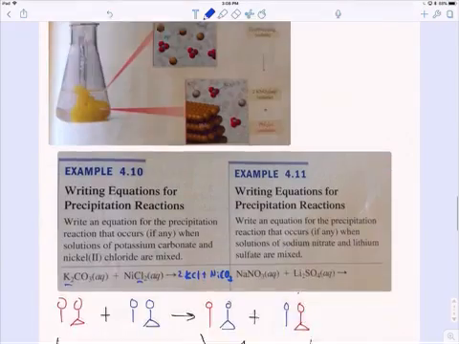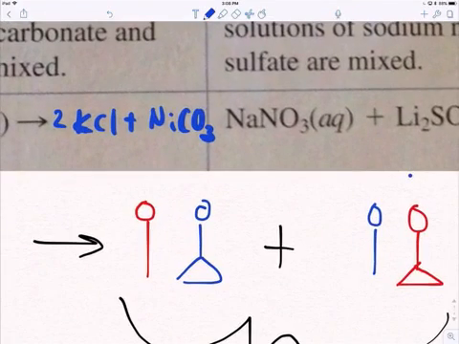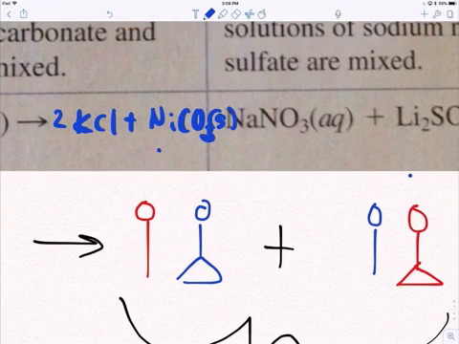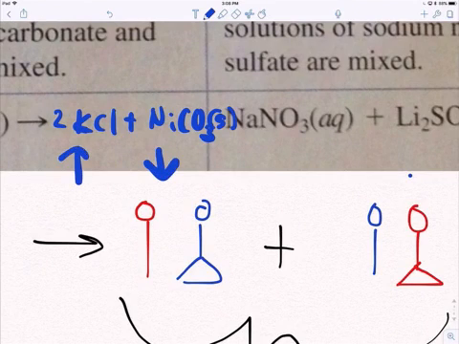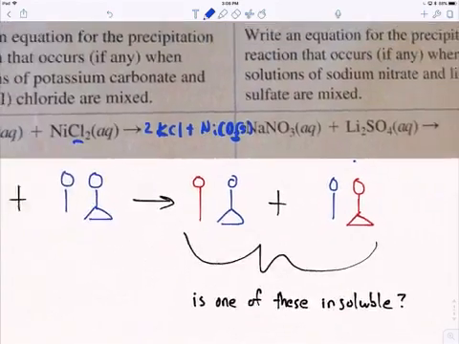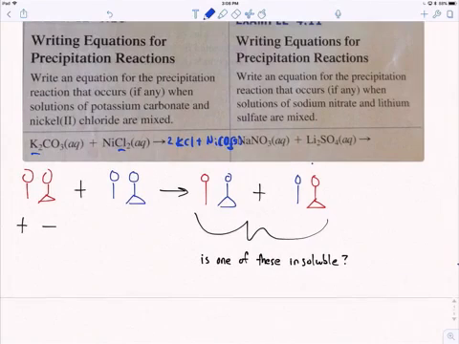So since this is insoluble, it will in fact form a solid and drop out of solution. Oh, and the other thing is some of the old textbooks would have an arrow down instead of a solid, and they also have an arrow up for gas. So arrow down for precipitate, arrow up for gas. Does this make sense, everyone? Questions here?